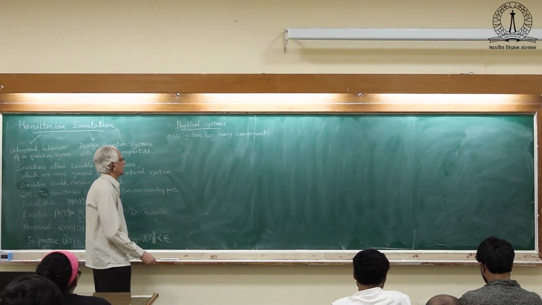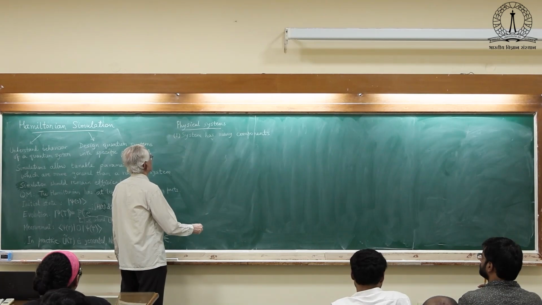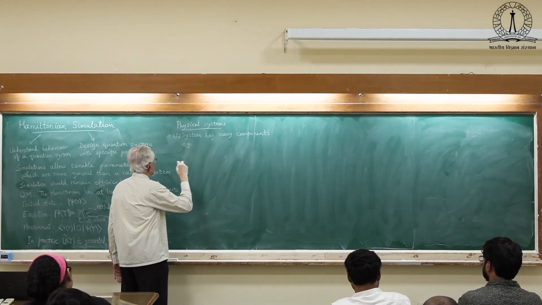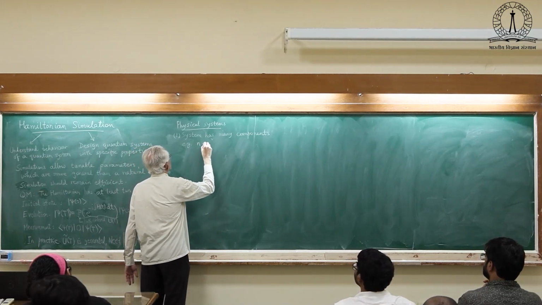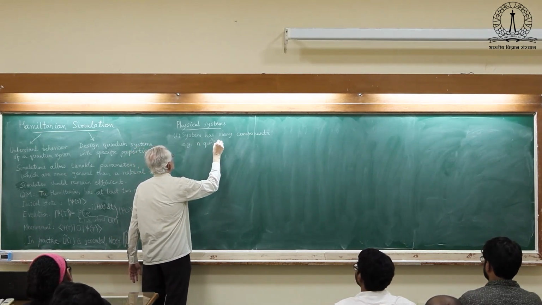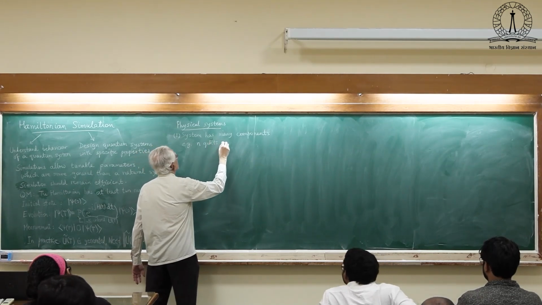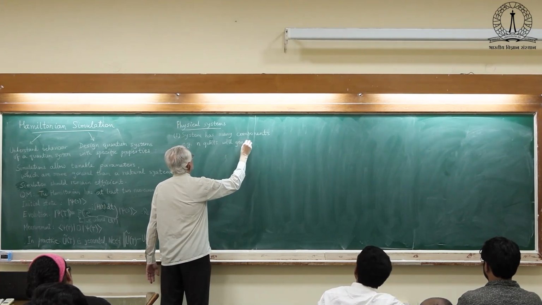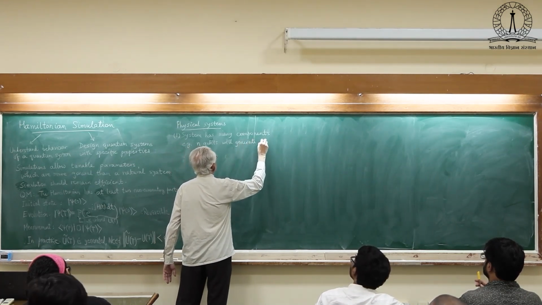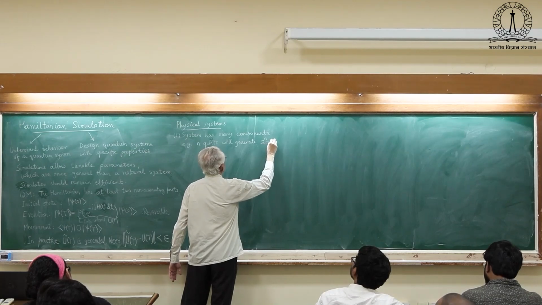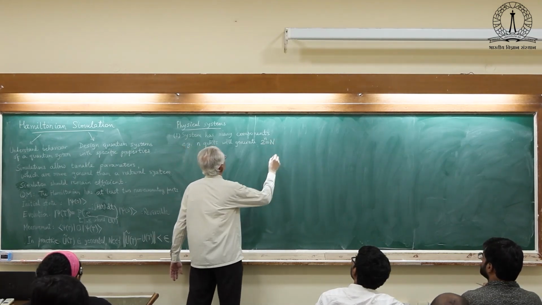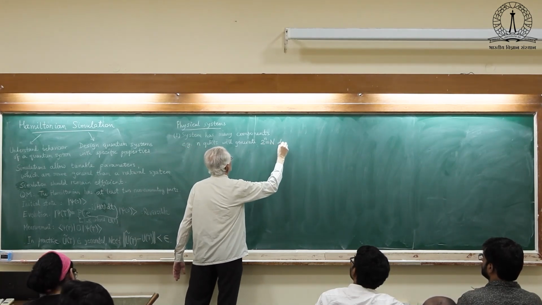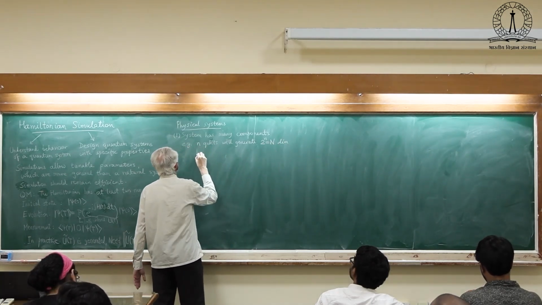Okay. And in our quantum language, you can say that n qubits will generate 2 raised to n, which I'm going to call capital N, dimensional Hilbert space.